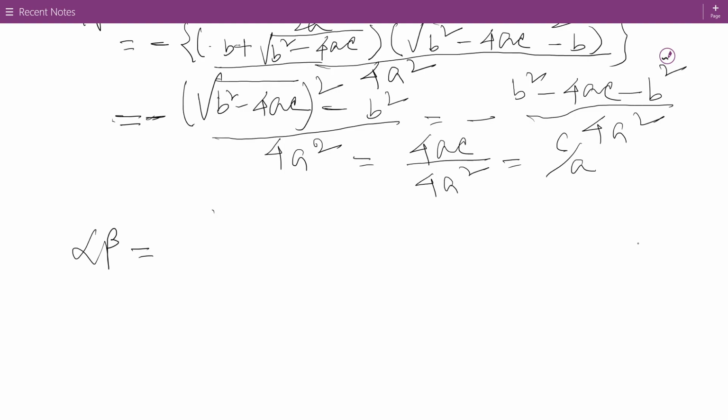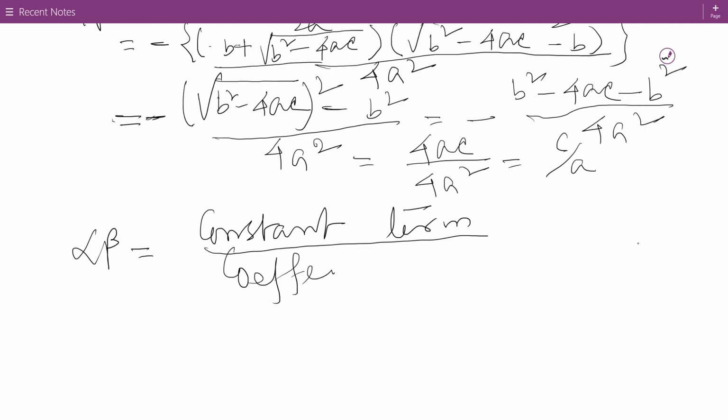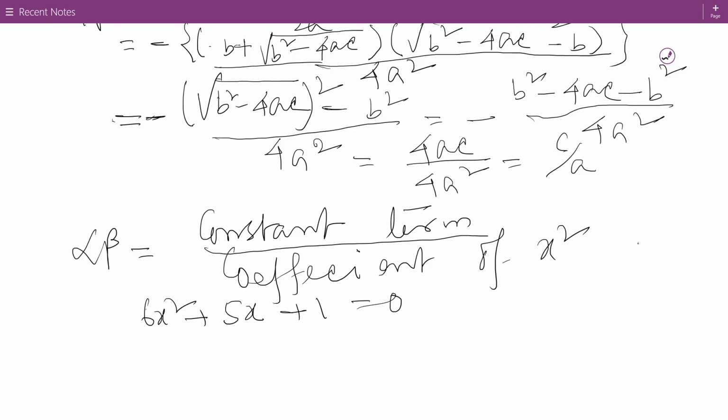C means the constant term of the expression, by coefficient of x square. Say we can solve an equation, say 6x square plus 5x plus 1 equals to 0.